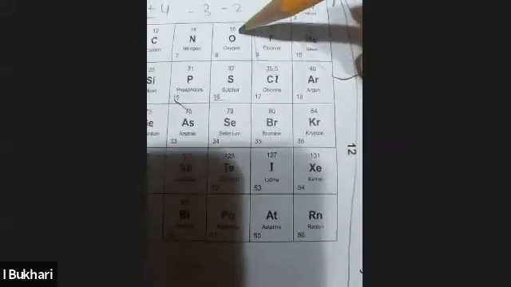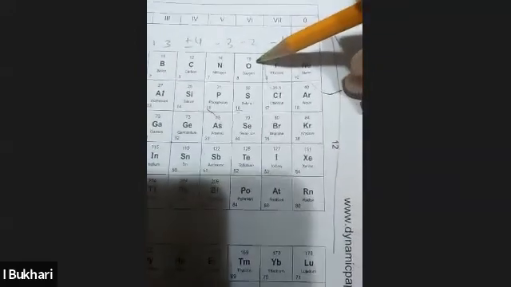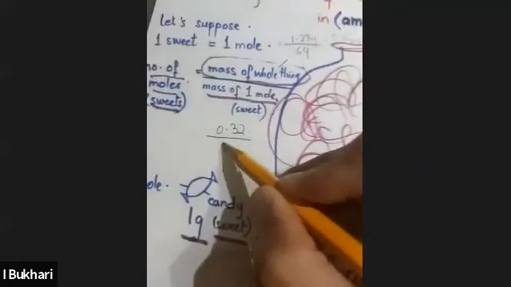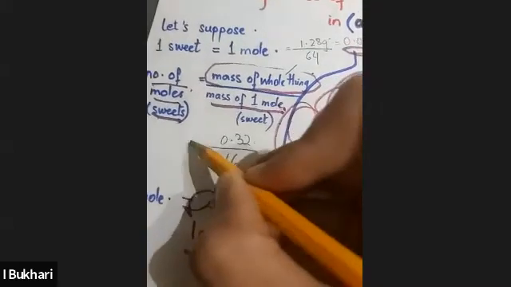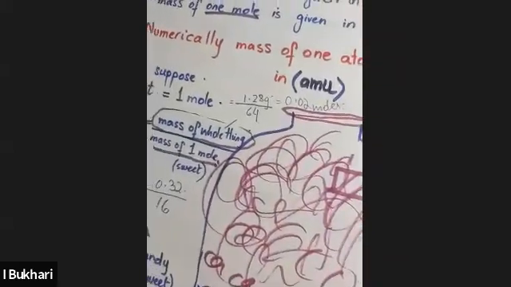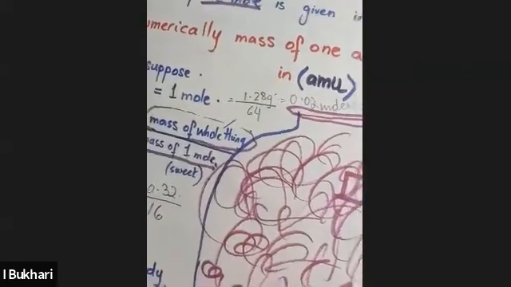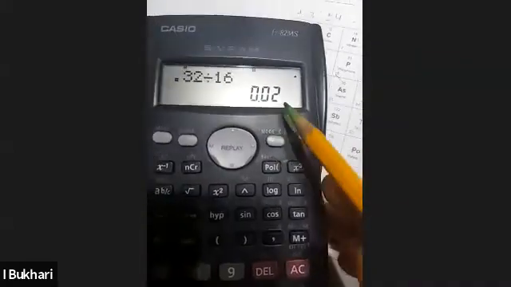The mass of 1 mole of oxygen is numerically the same as the mass of 1 atom, which is 16. So 0.32 divided by 16 gives me what? 0.32 divided by 16 is 0.02.